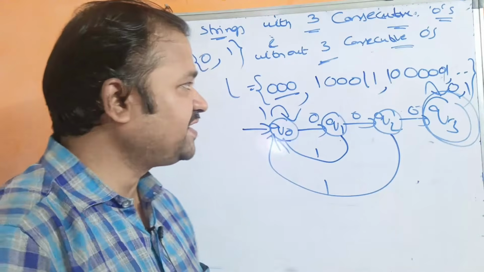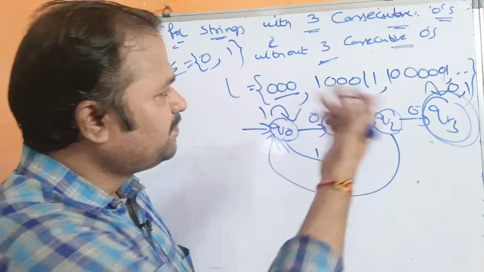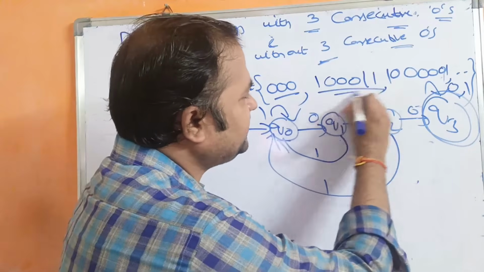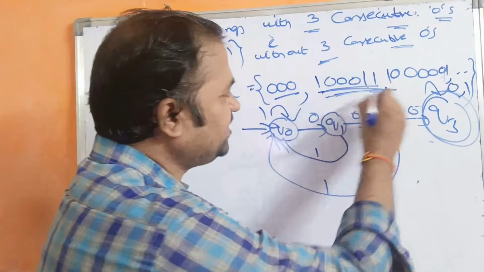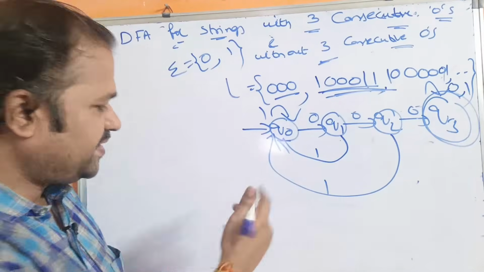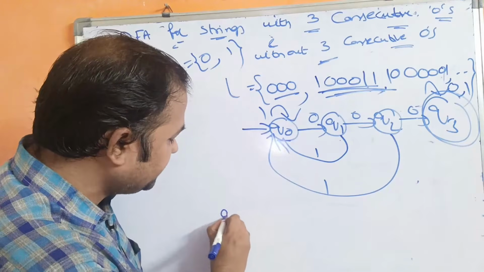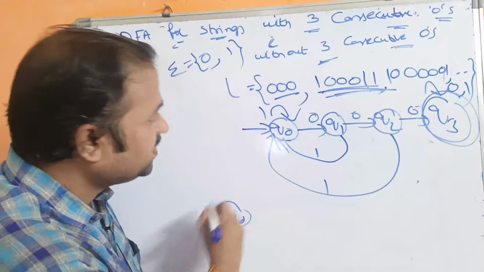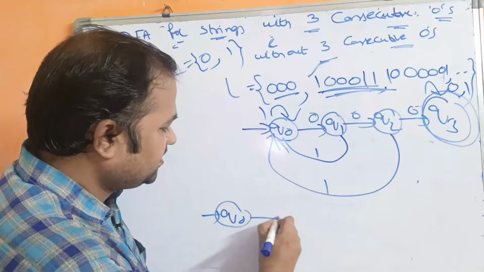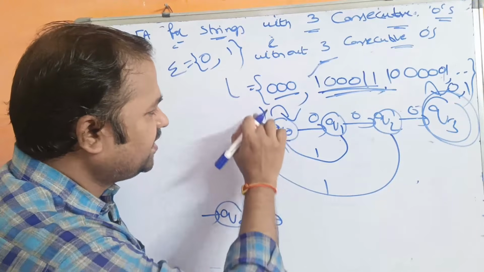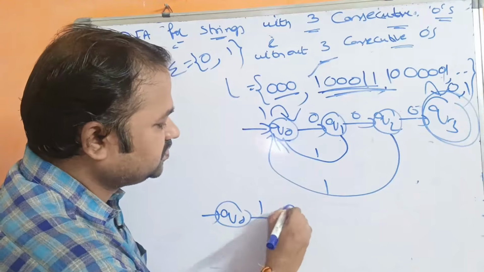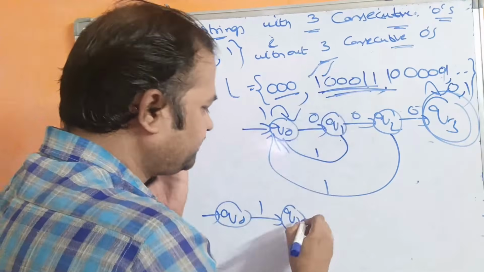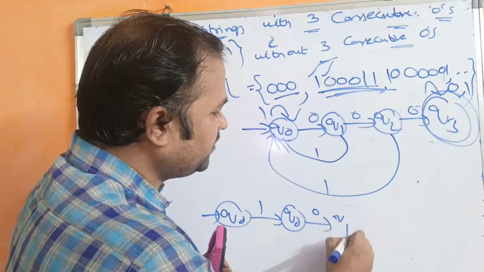Now let us check whether our diagram is correct or not by taking some input string. Let us take the input string 1000111. First, what is the initial state? Q0 is the initial state. What is the first symbol? 1. So Q0 on 1 means Q0 only. Next we have to apply 0. Q0 on 0 means Q1.